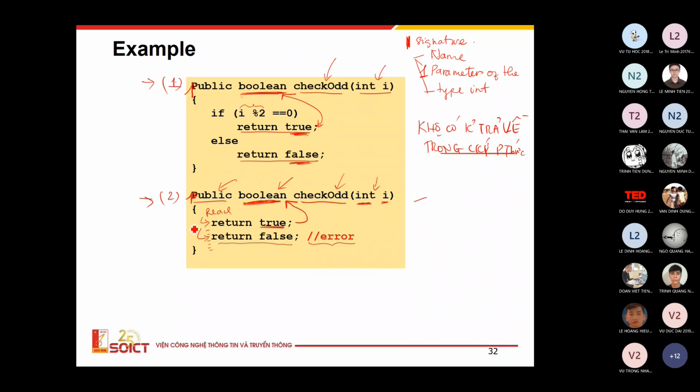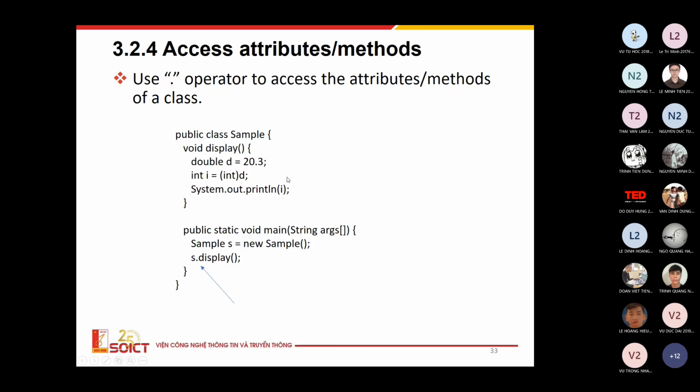This is one example to see that once it reaches the return statement, it will return the value and stop the method. So the other statements after the return never get reached. Okay. Thank you, Nam. Okay. So we talk about how you can access the attribute and method in one class.